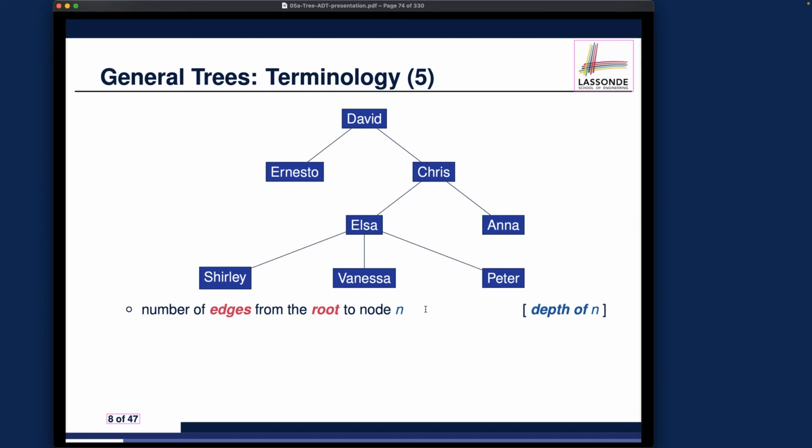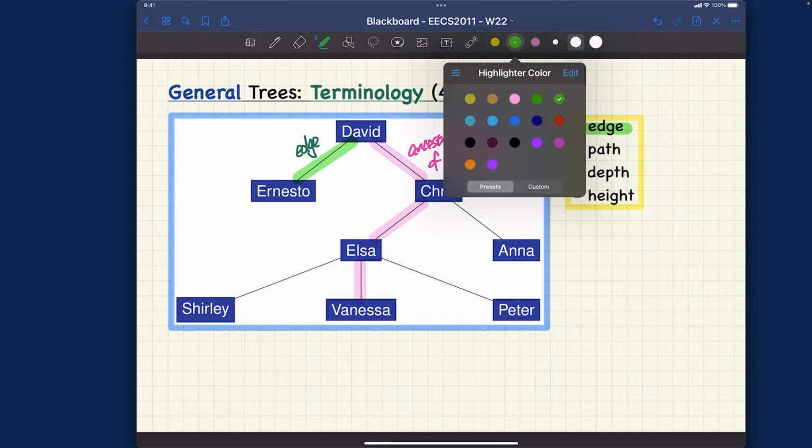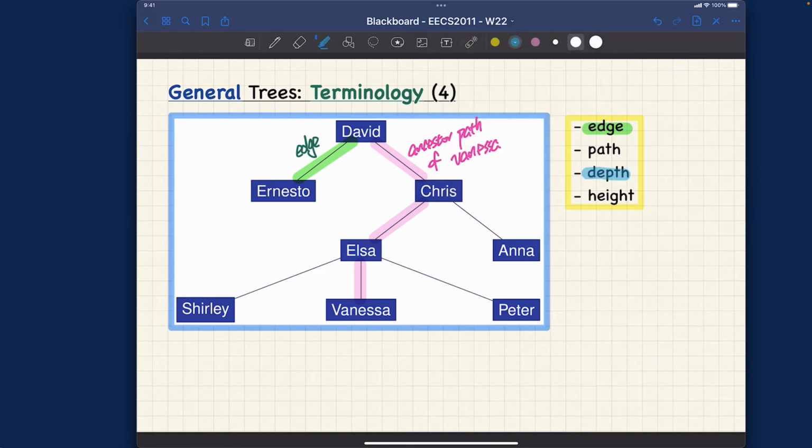Just remember the definition again: the number of edges from the root to n is called the depth. So for the depth, let me highlight it: the number of edges from the root.